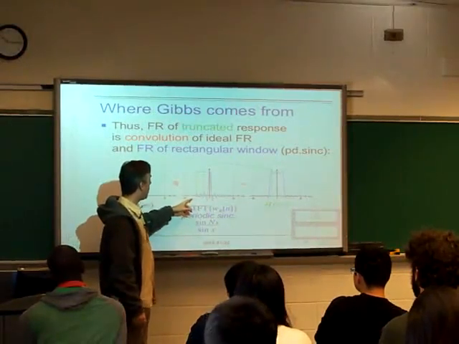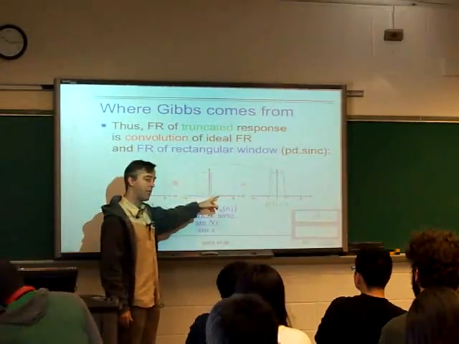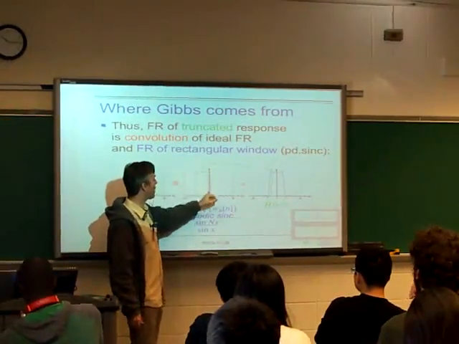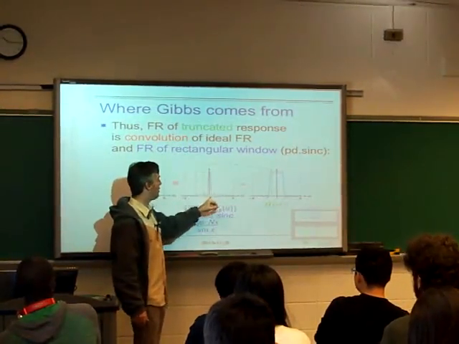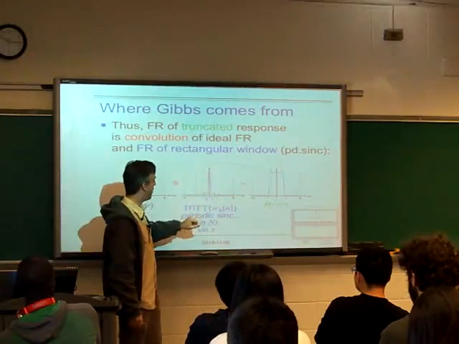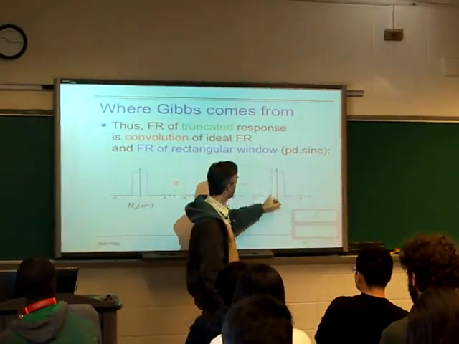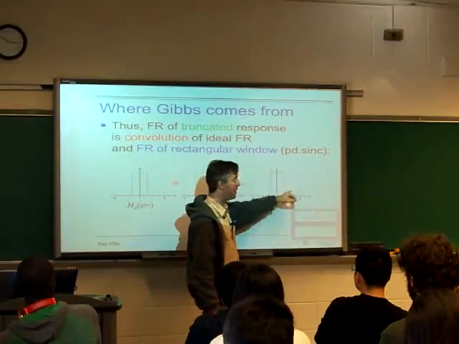And the rectangular window has this periodic sinc response in the frequency domain. So when we convolve this ideal rectangular response with the periodic sinc response, we get an approximation to the ideal brick wall response, but with these ears.